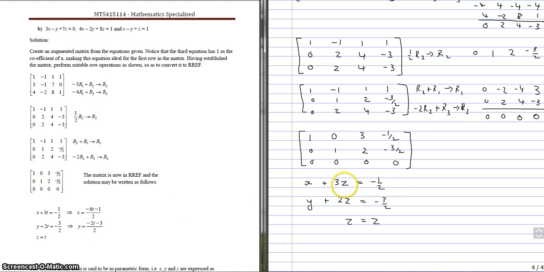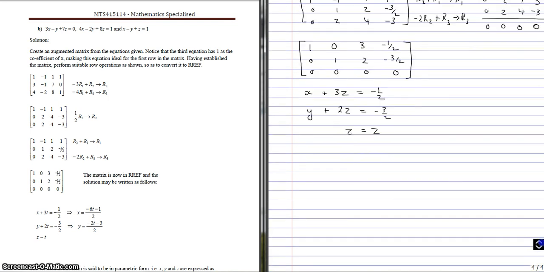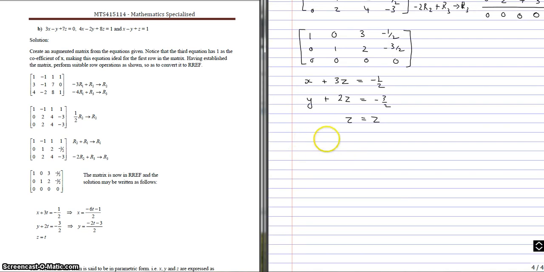What we do is we let z take on some arbitrary variable, say t. So if we have z equal to t, then we have x plus, in place of our z a t, so it's x plus 3t equals negative 1/2.